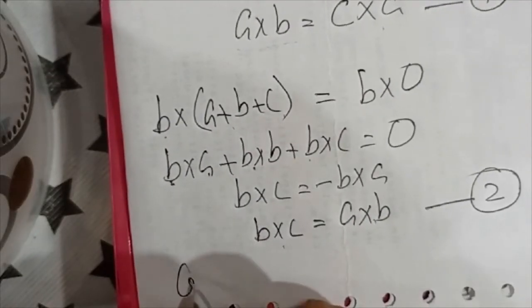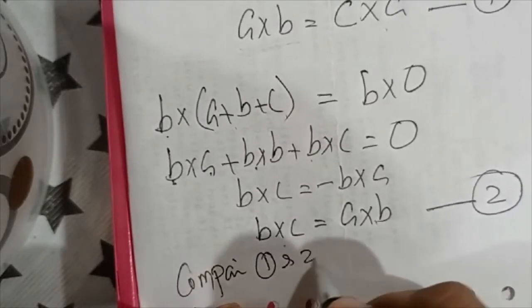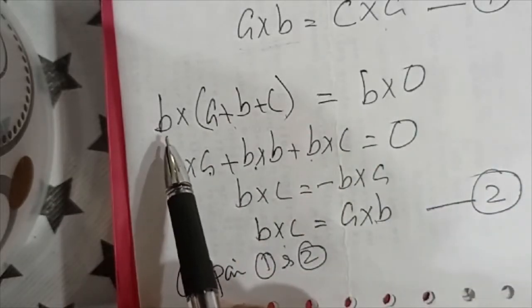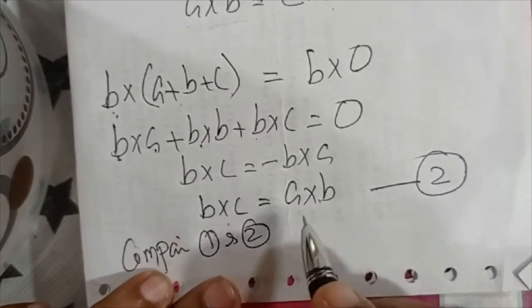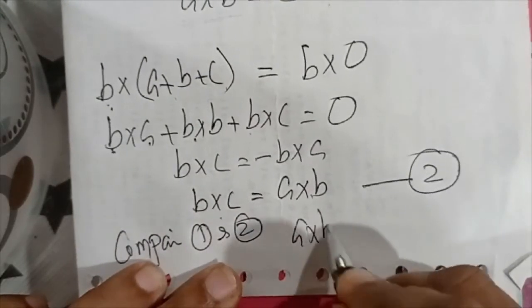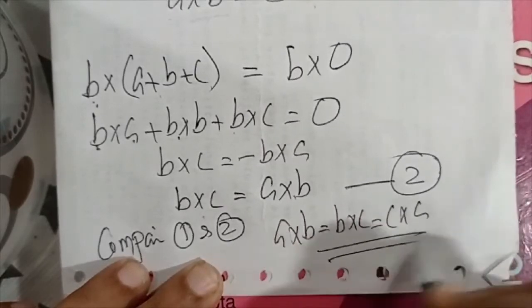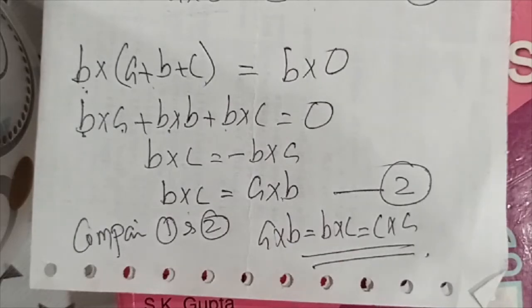Write the note: comparing equations 1 and 2, a cross b is equal to b cross c is equal to c cross a.